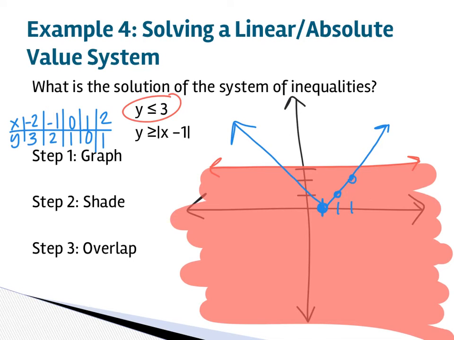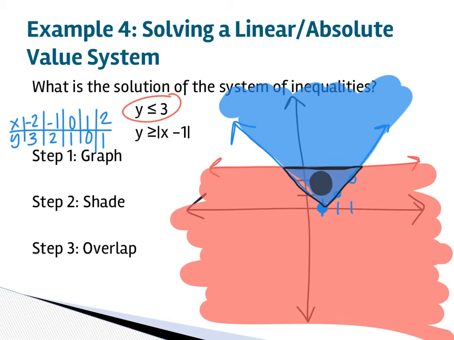Okay, and then my sign is greater than, so I'm going to shade above the V, which is here, and where the shaded areas cross is my solution. So I'm actually going to outline that in black and shade it in black so you can see that the solution is right there where the two areas cross. It's not the blue area, it's not the red area, it's where they crossed.